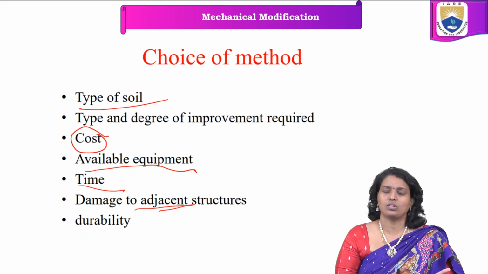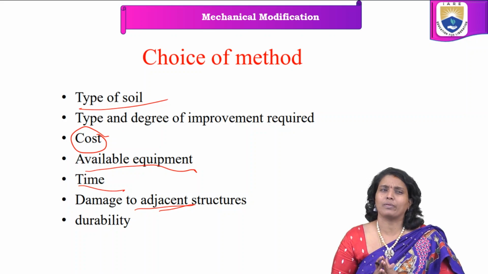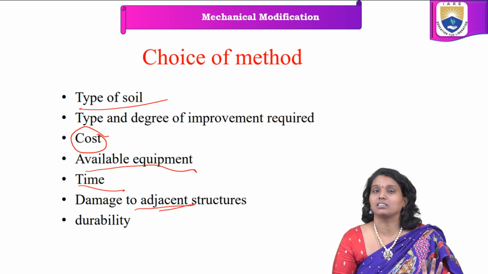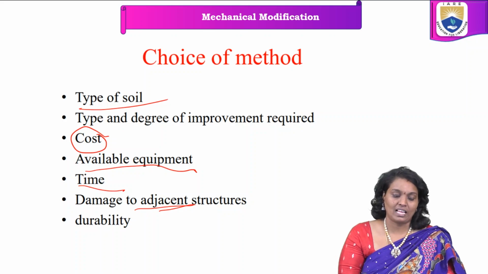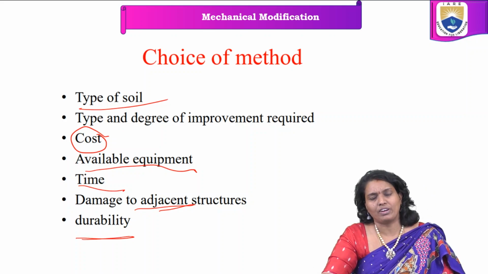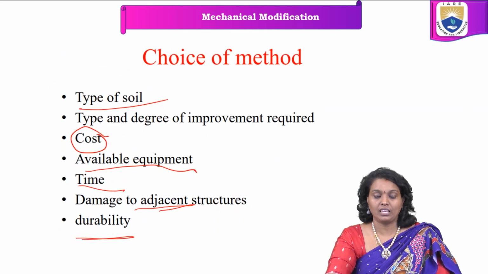This is also one of the constraints for choosing the better or appropriate method for the compaction, as well as for durability. So these all play a role in choosing the method, and these are the various factors which affect the compaction.